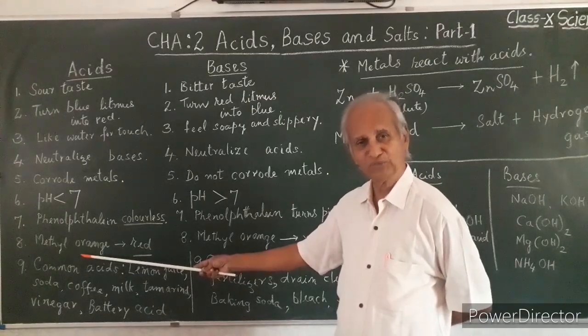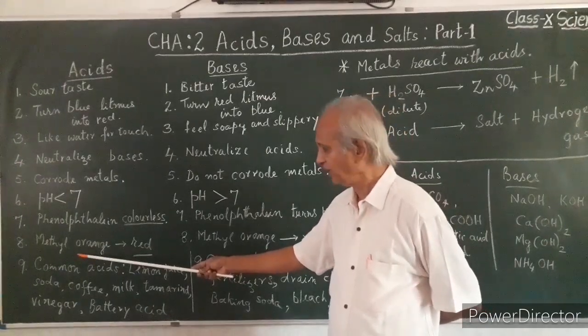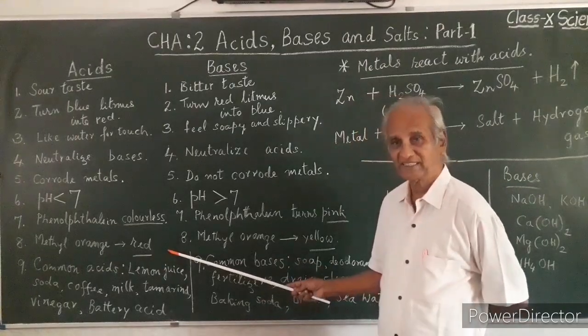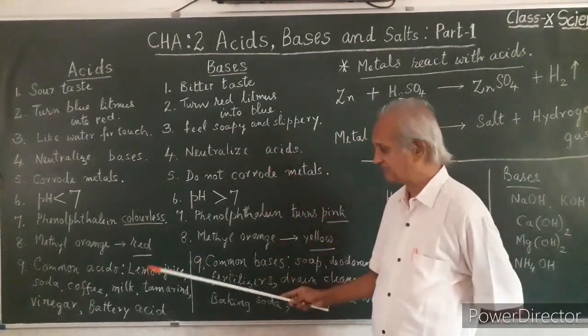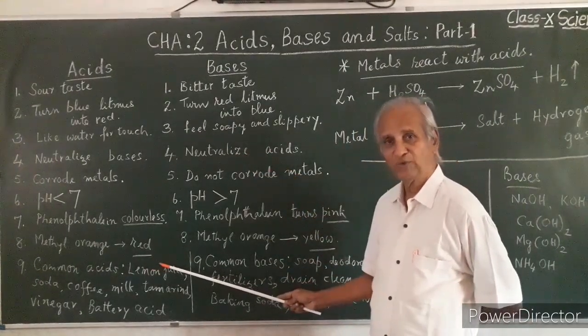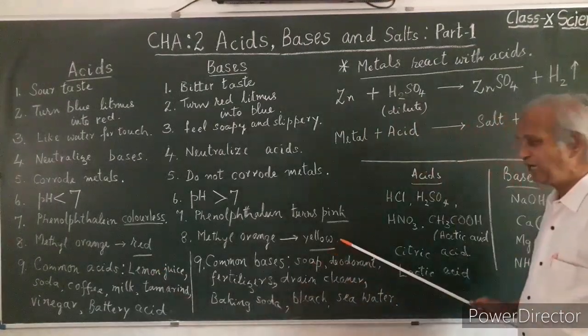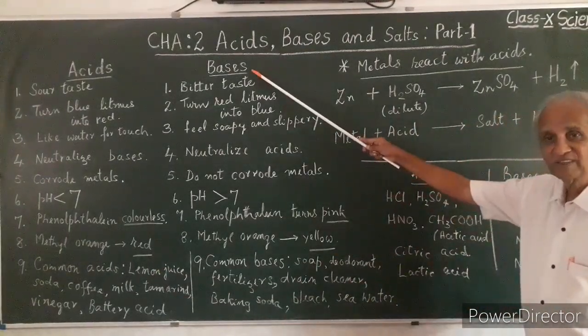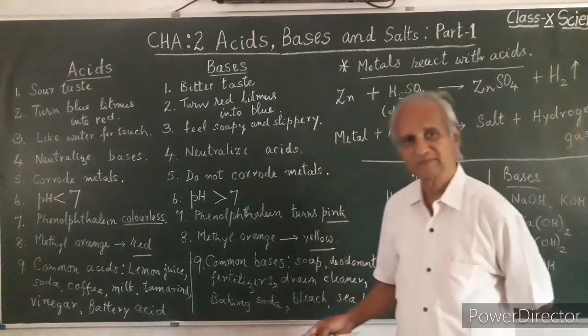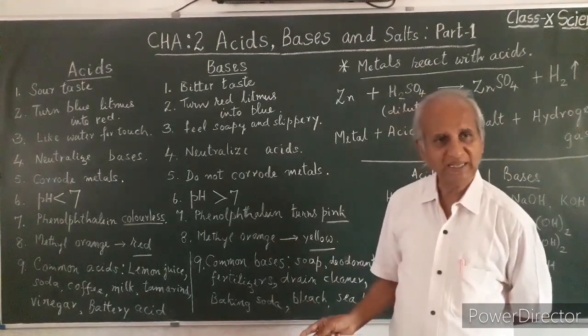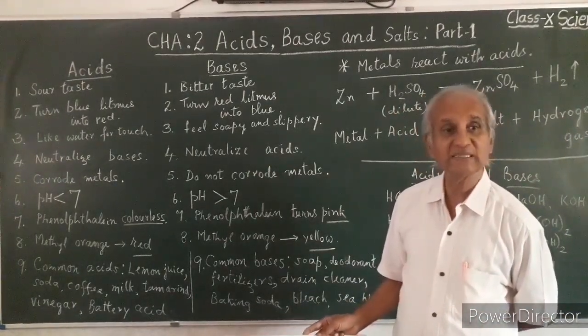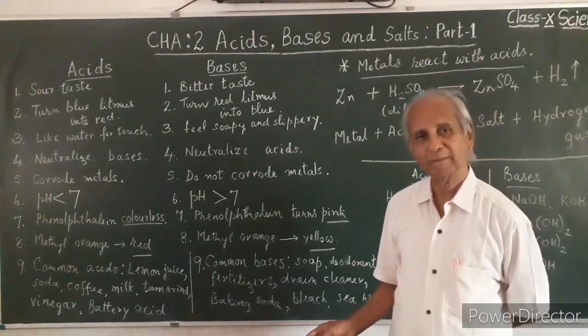In the coming videos, we may use that too. Methyl orange turns red in the presence of acids, but it will be yellow in color with regard to bases. So methyl orange is also an indicator. It is a mineral indicator.